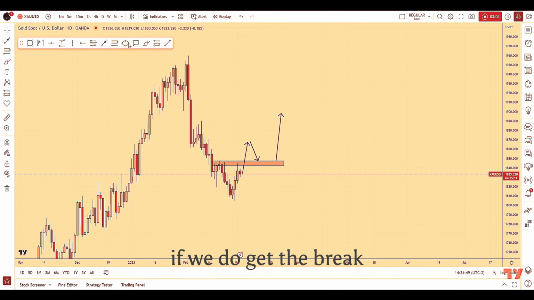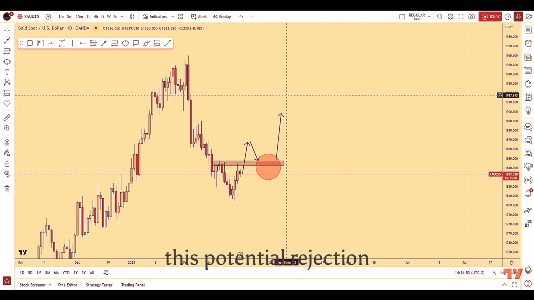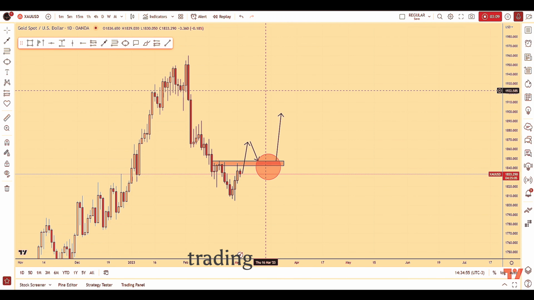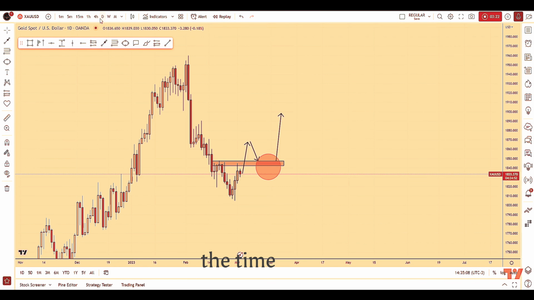So if we do get the break on the retest, how we could be approaching this potential rejection to the upside. Now, as usual, trading is reactive and not predictive. The monthly, weekly, and daily data, those are the best time frames from a directional perspective. However, when it comes to confirmations and entries, the best time frames are the intraday time frames, so 4 hour and lower.